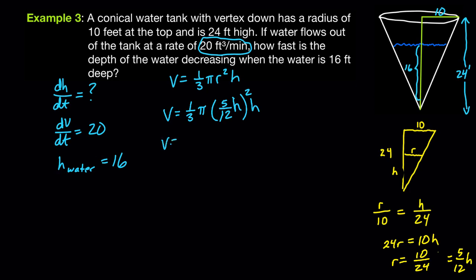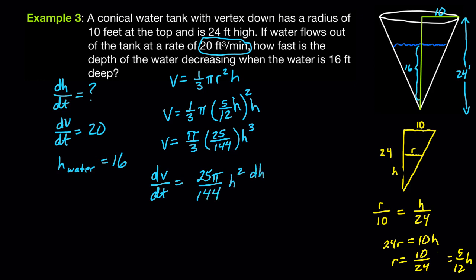Now, just doing a little simplifying here, this is going to be pi over 3 times 25 over 144 h cubed. Now, when we differentiate both sides of our equation, you're going to get dV/dt is equal to 25 pi over 144 h squared times dh/dt.